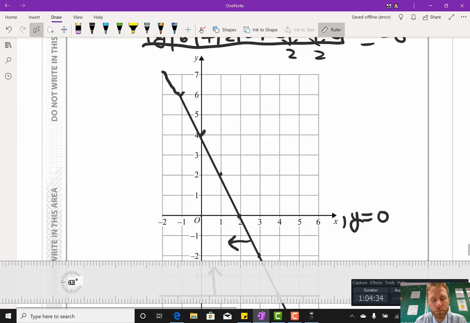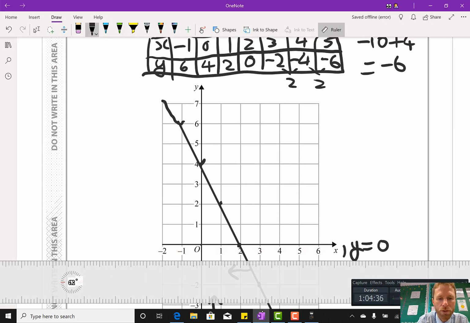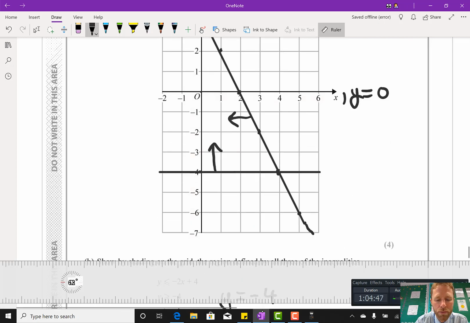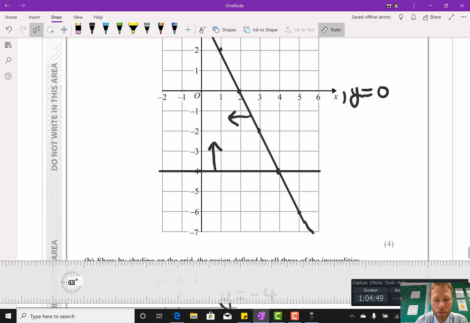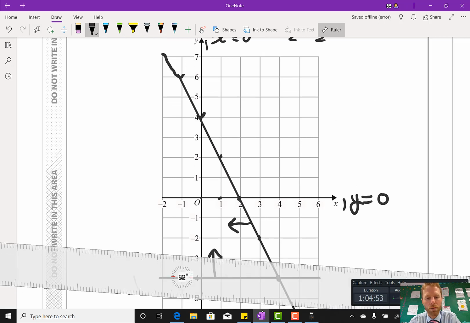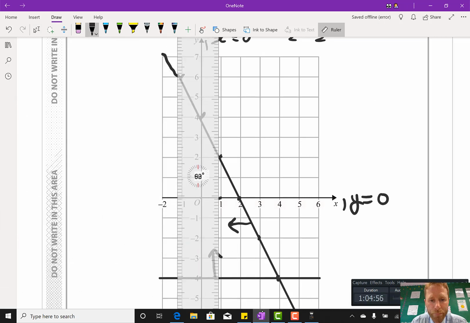Up here, he would always encourage you to draw, say this is the y-axis, and it's also the line x equals 0, because we have not moved along the x-axis. This is telling us to go to 1 on the x-axis. Okay, there is 1 on the x-axis, and we need to draw a line through that.